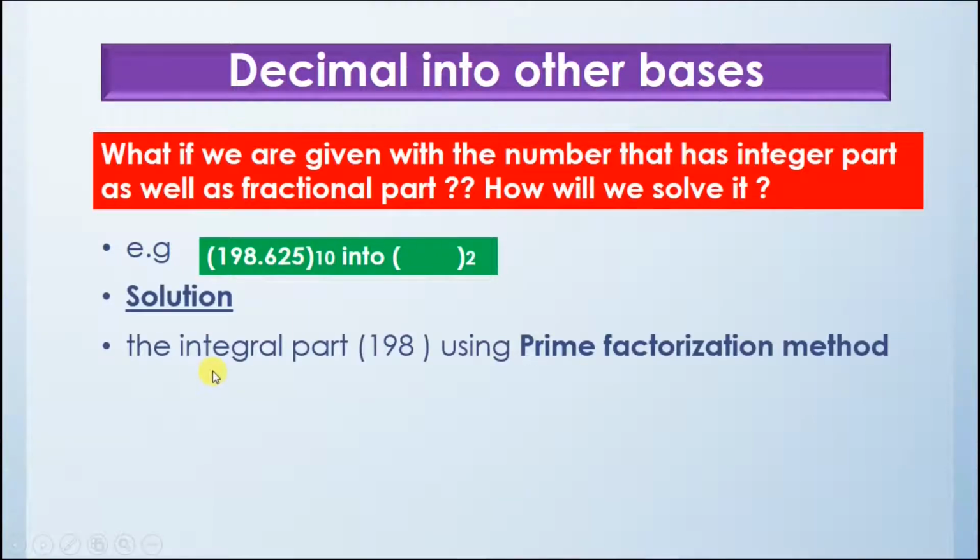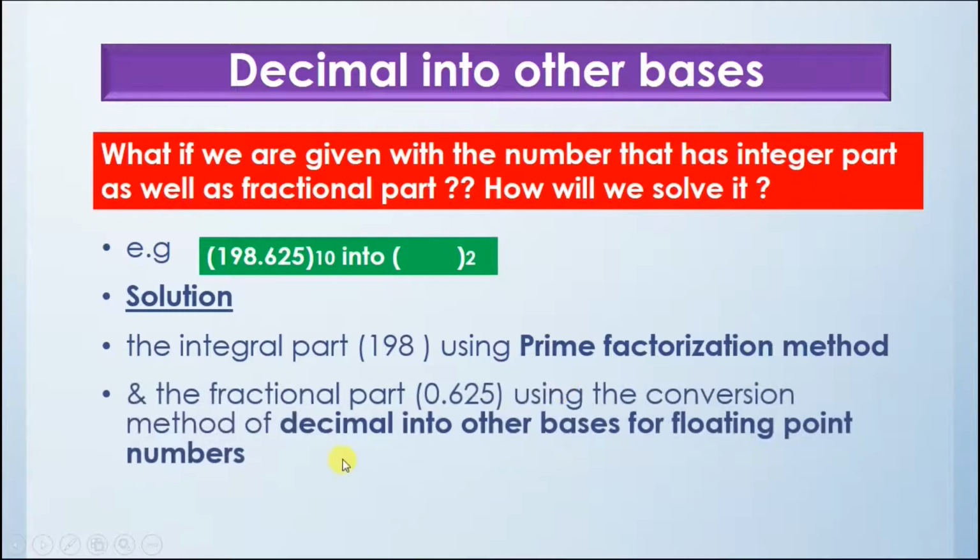So we will solve it in the following way. We will take the integer part. For example, in case of this number, we will take 198 and we will solve it using which method? That is the prime factorization method. Okay. Once done, then we will move ahead and we will solve the fractional part 0.625 using the conversion method of decimal into other bases for floating point numbers.